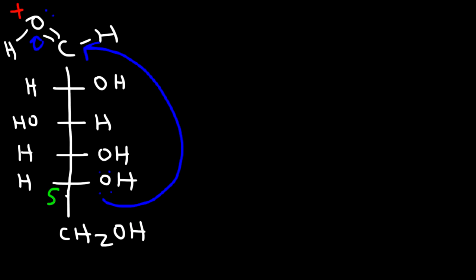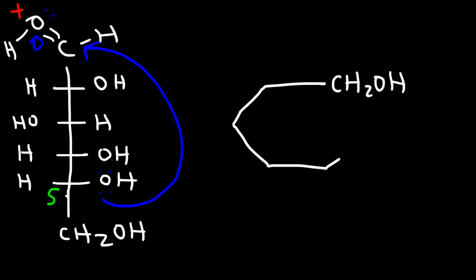But before we form the ring, let's do this one step at a time. In order for the OH group to attack the carbonyl carbon, the molecule has to bend into the right form. And so let's draw it this way first. So this oxygen still has a positive charge at this moment.